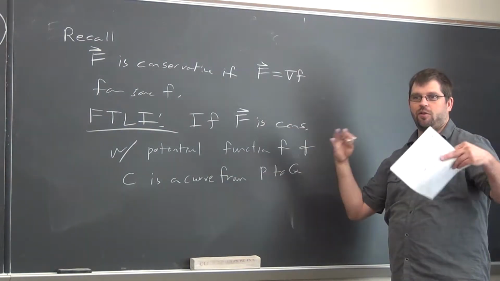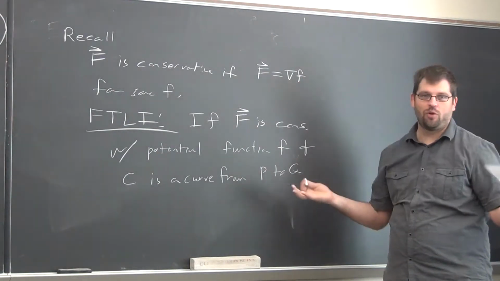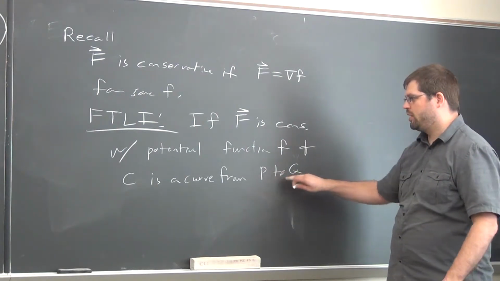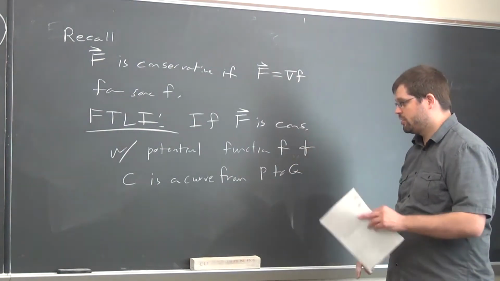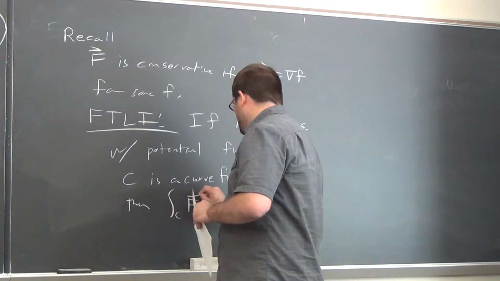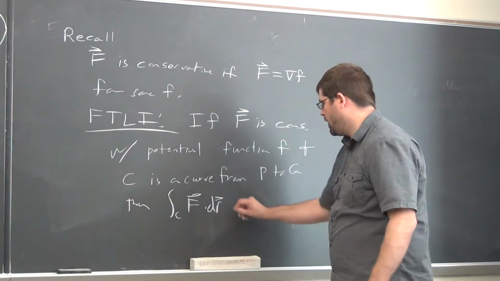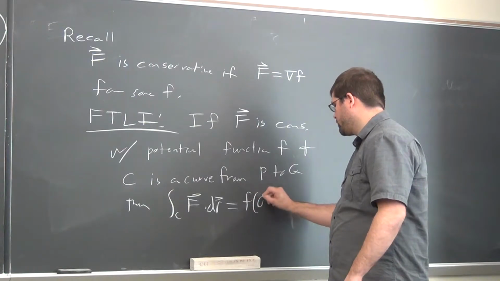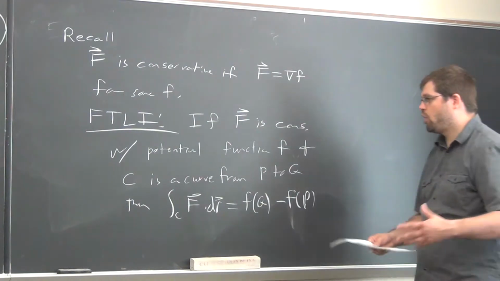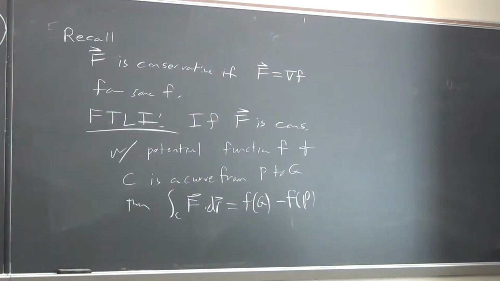If your function isn't defined and you leave that domain, of course you're not going to have an integral. So I'm assuming that curve stays in the domain of this function. But if all of that is true, then your line integral is just your potential function at your finishing point minus the potential function at your start point. And so if you can show a vector field is conservative, then we'll be able to easily integrate these things without even worrying about what the parameter is.